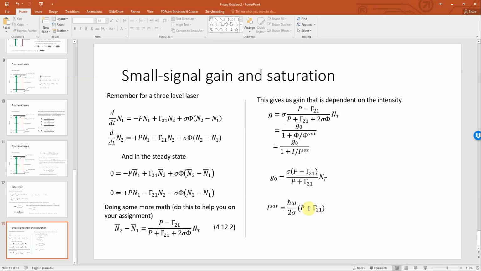The saturation intensity is given by the photon energy over 2 times the absorption cross-section times the pumping rate plus the spontaneous decay rate.